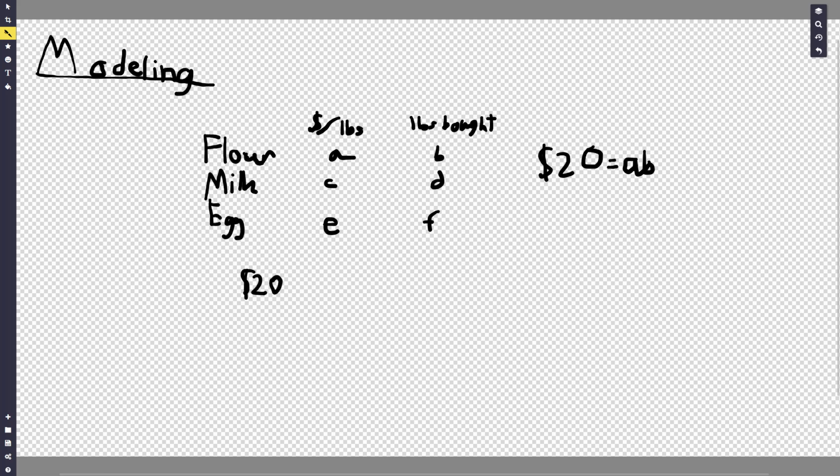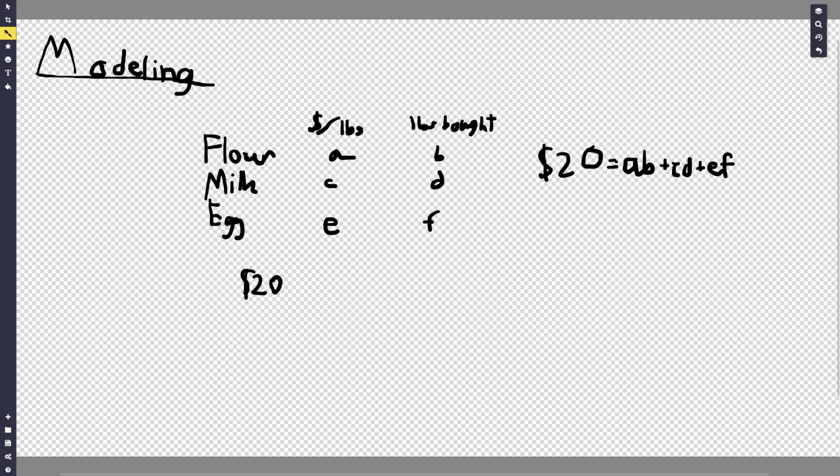So $20 is equal to AB, but that's not the only thing he bought, right? He also bought milk and eggs. So we're going to do AB plus, same thing over here, C times D, plus E times F. And that's how you would model these problems.